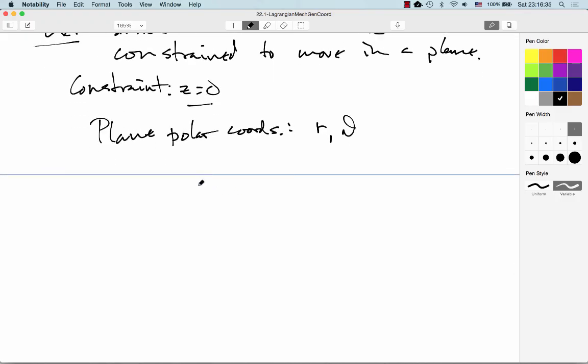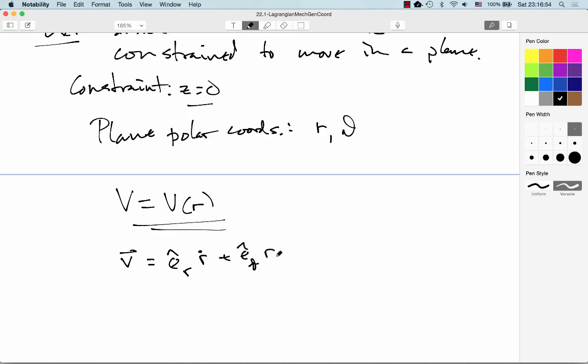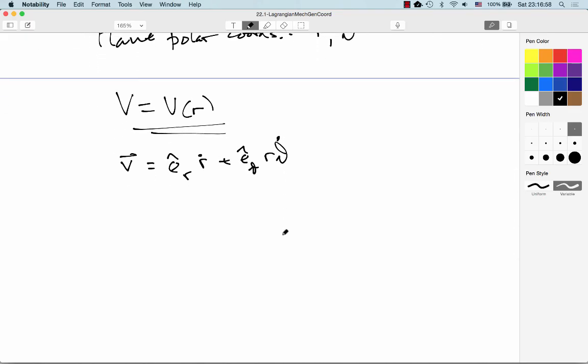So intuiting it out, you would immediately write that V is just some V of r, because that's what we mean by a central force. Now you can write your velocity in general as e_r times r dot plus e theta times r theta dot, much like we did before with the pendulum.